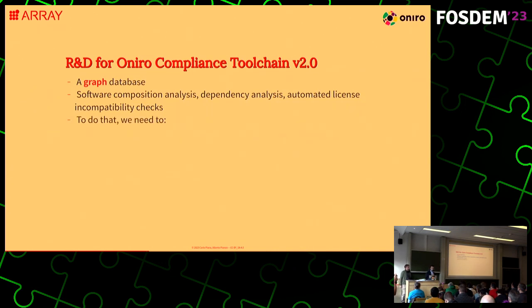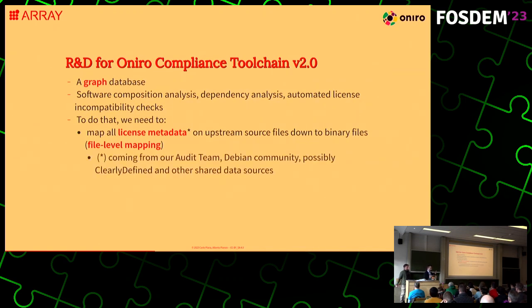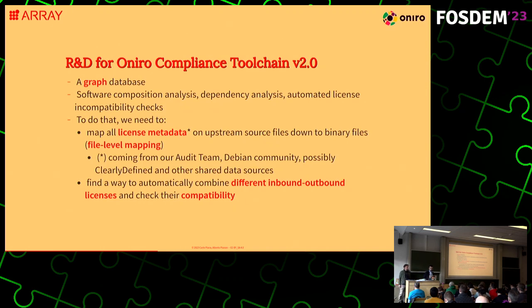So this must be entirely in the CI pipeline, which it is. In order to do this, we need several things. First, and this is really important, map all license data from the source to the binary, with file-level mapping. By file-level mapping, we mean every single file, including patches. Everything that goes through needs to be checksummed and tracked, to make sure that everything that goes inside is tracked. This information comes from many sources, including an audit team that has done a lot of work.